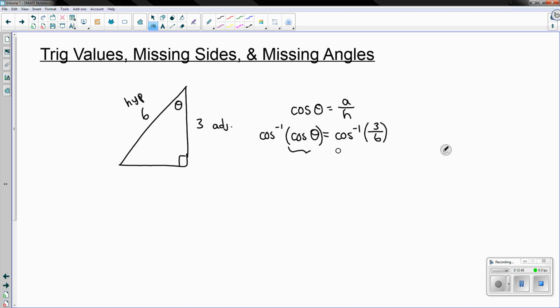What happens on the left is taking the inverse cosine of a cosine cancels this out, because they're inverse operators, and it isolates theta. And then we have the inverse cosine of 3/6. There is a button on the calculator to allow us to calculate this. If we didn't, we could leave our answer like that, and that will get us the angle measurement for theta.